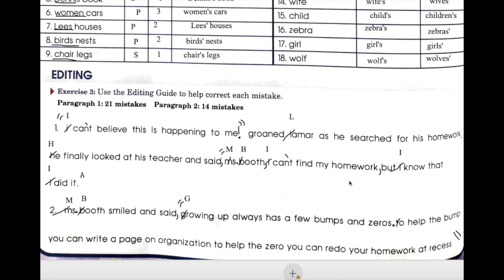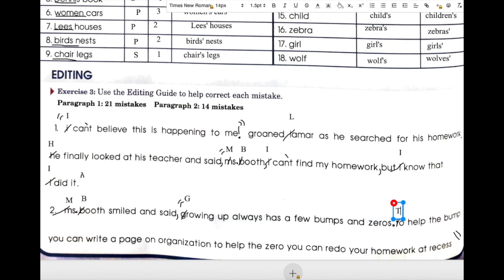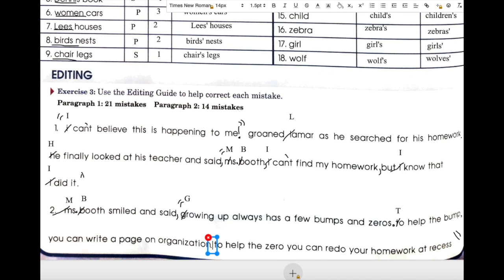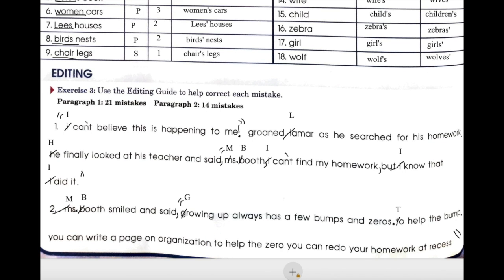To help the bump, capitalize to. To help the bump, put a comma right there, because we actually have a dependent clause followed by an independent clause, so we need a comma. To help the bump, you can write a page on organization, period. Capitalize the next sentence.